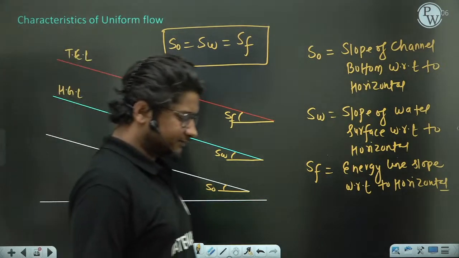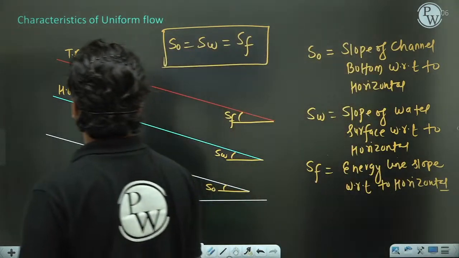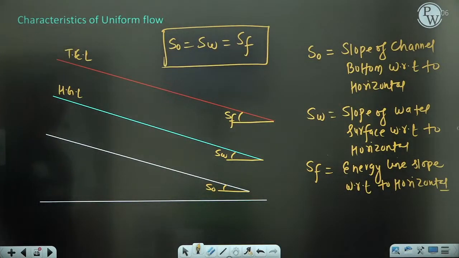Is it clear, my dear? This is something we call the characteristics of uniform flow.